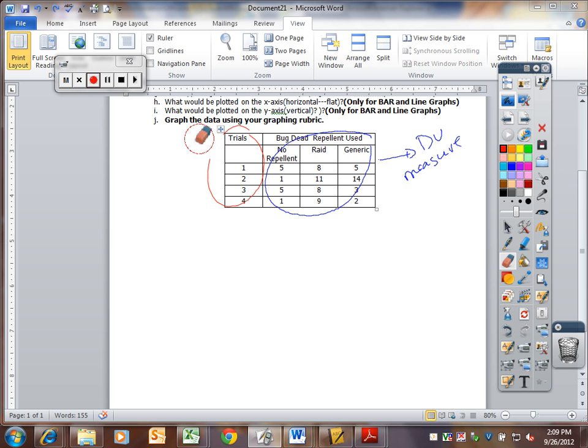The first column is always going to be our x. It's going to be plotted on the x. And it's our independent variable because of the times we use bug repellent.